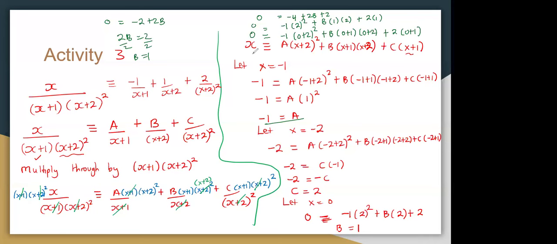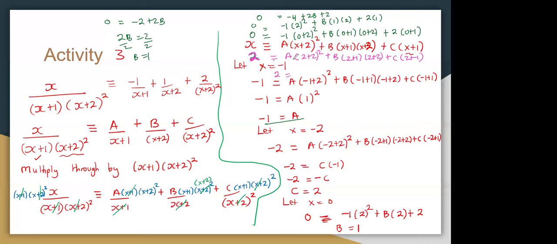So those who are using 2, this will be 2. Let me use another color. You have to get the same answer, not something equals to that. So this will be 2 equaling this side to A into 2 plus 2 squared, plus B into 2 plus 1, 2 plus 2, plus C into 2 plus 1. So let me do it roughly.